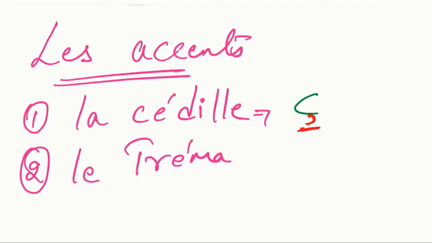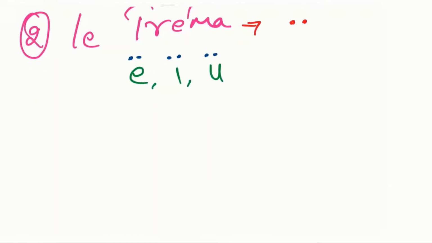D'accord? And this tréma is two dots. And this is coming on the top of three vowels. You can say E, I, U. And we have to put tréma, so we'll put two dots on the top of these three letters. Okay, so let's proceed with the first one, la cédille.